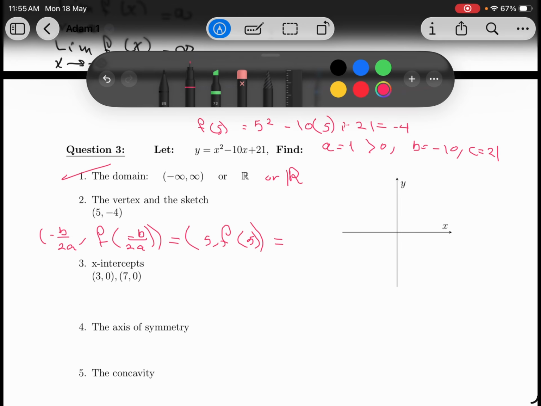You can double check that if you like. So this is how we find the vertex. So it is 5 along with minus 4, and we have here the vertex of 5 and minus 4. I will assume this is 5 and this is minus 4.